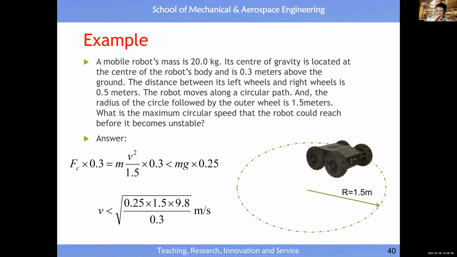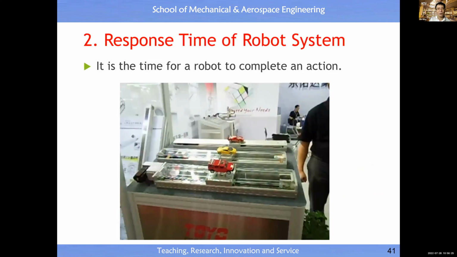Centrifugal force is parallel to the horizontal plane. This will make the robot turn over about the horizontal axis, all right? So that may cause instability, right? So this is just a small exercise for you to understand this issue, okay?